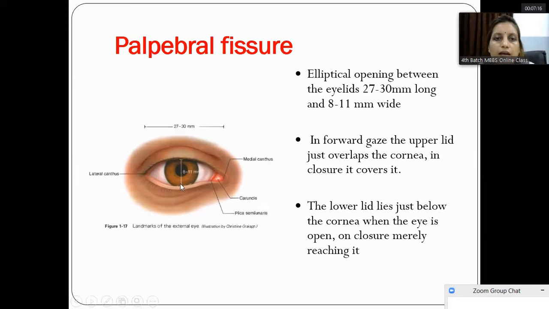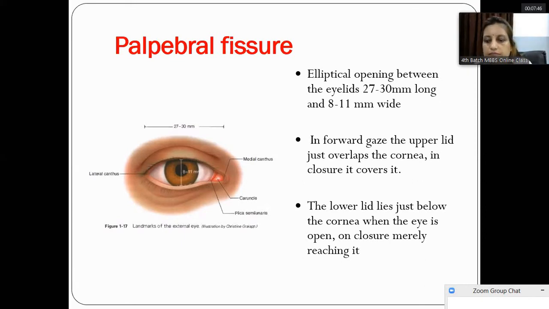The lower eyelid just touches the lower part of the cornea. When the upper and lower eyelids do not cover the cornea, or the lower eyelid doesn't touch it, there is a scleral show, which can be seen in some conditions like exophthalmos. The lower eyelid lies just below the cornea, whether the eye is open or closed, merely reaching it.